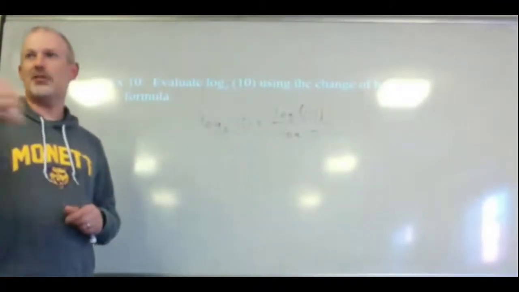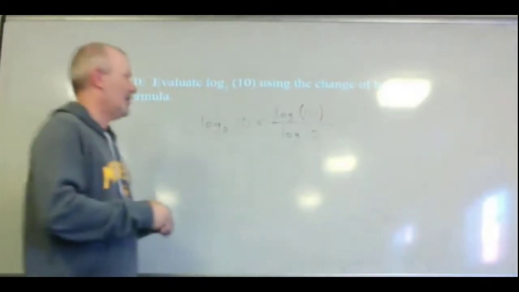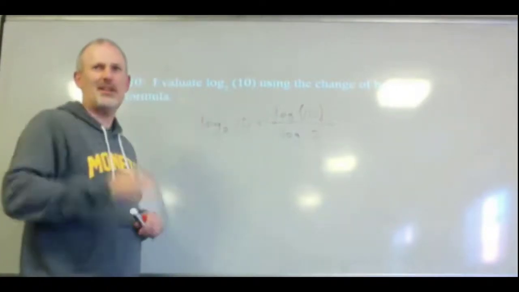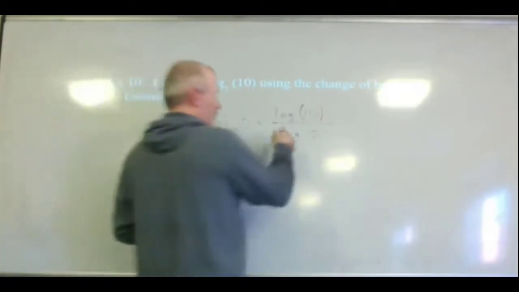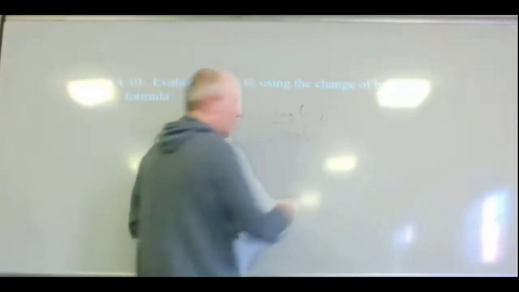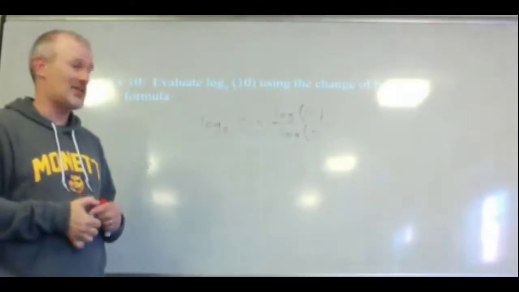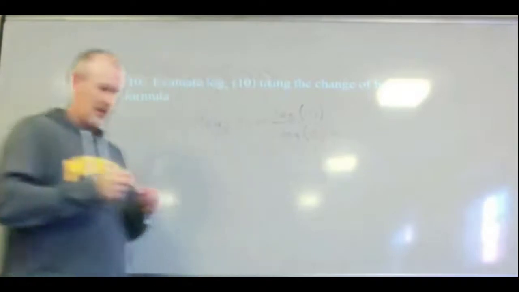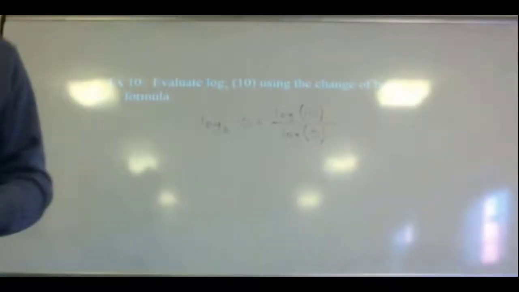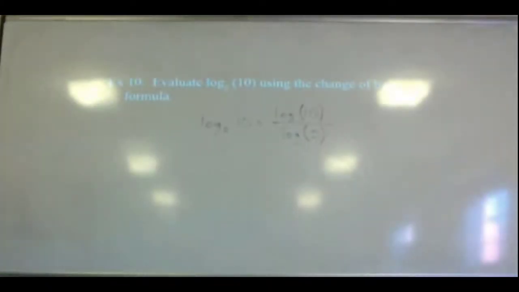Then you push your divided by sign. Or if you have a fraction button, depending on your calculator, you might be able to use that, but I just always use divided by. Then when you put log on the bottom, it's going to put the parentheses there again, and just like after the 10, we're going to close our parentheses after the 2. So it should be 3.32. Is everybody getting 3.32?